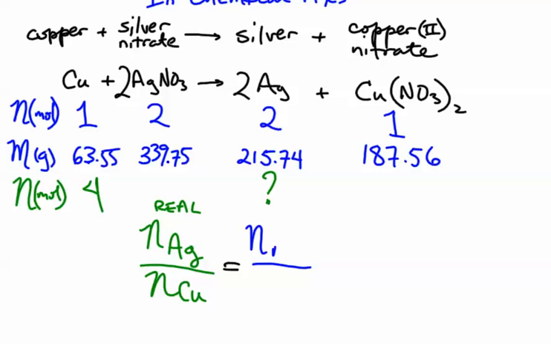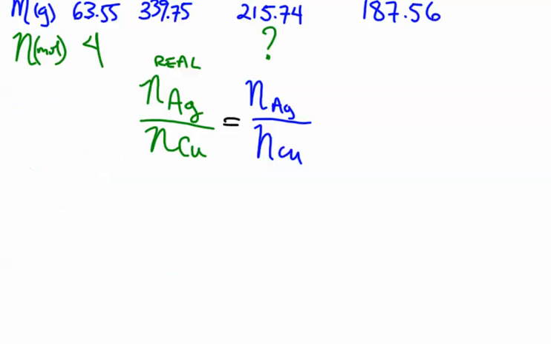So I can go N of Ag and N of Cu. This is going to stay as is, because that's our target, N of Ag. And what goes underneath that now? What do we really have? 4. For what? Moles, yes.